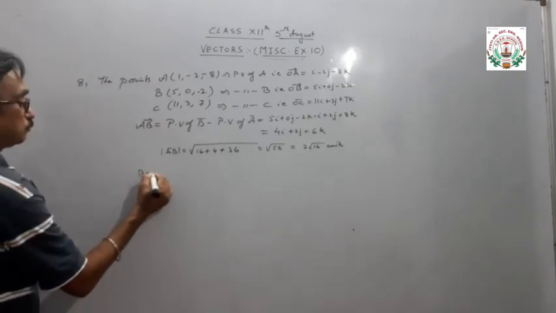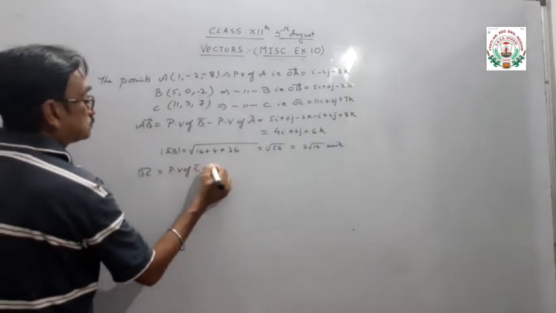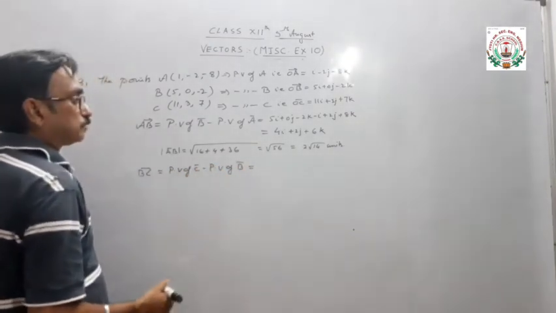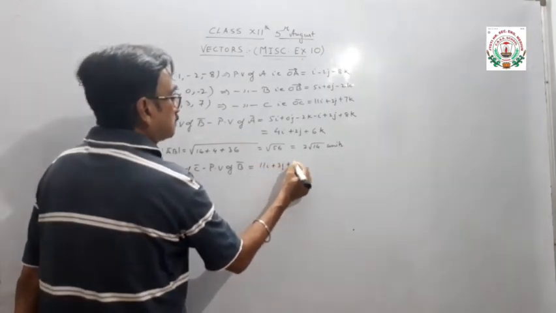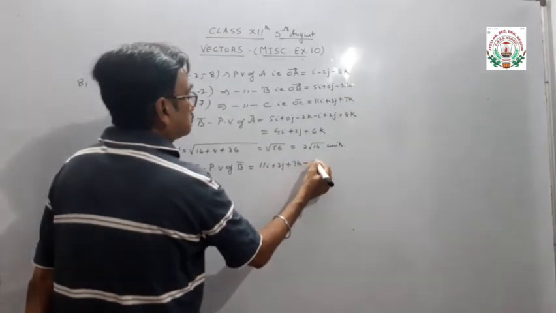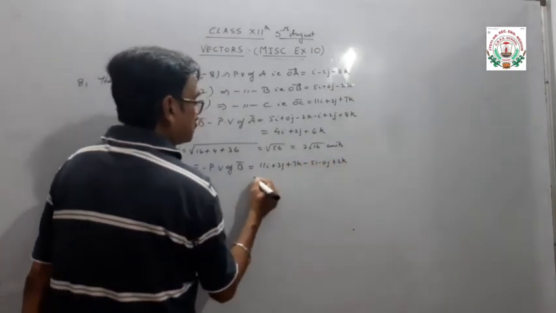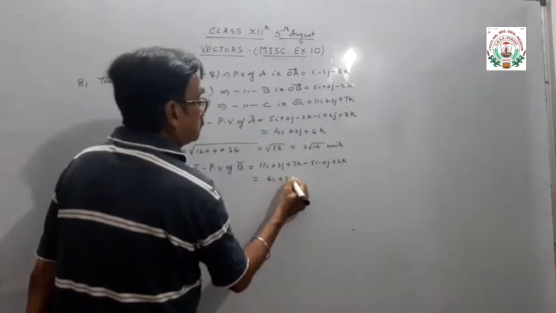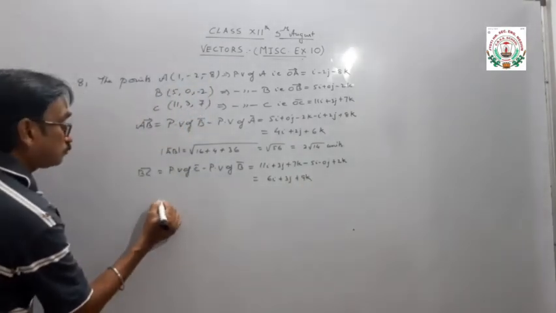Next, BC: position vector of C minus position vector of B, that is 11i plus 3j plus 7k minus (5i plus 0j minus 2k). 11i minus 5i is 6i, 3j minus 0j is 3j, 7k plus 2k is 9k.